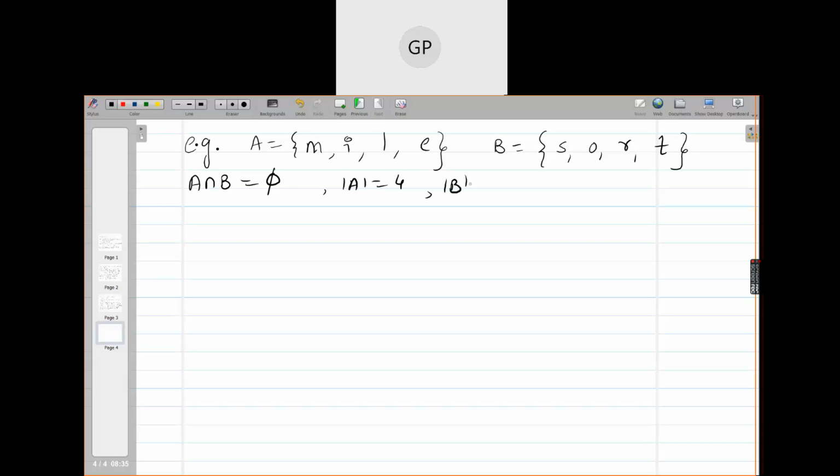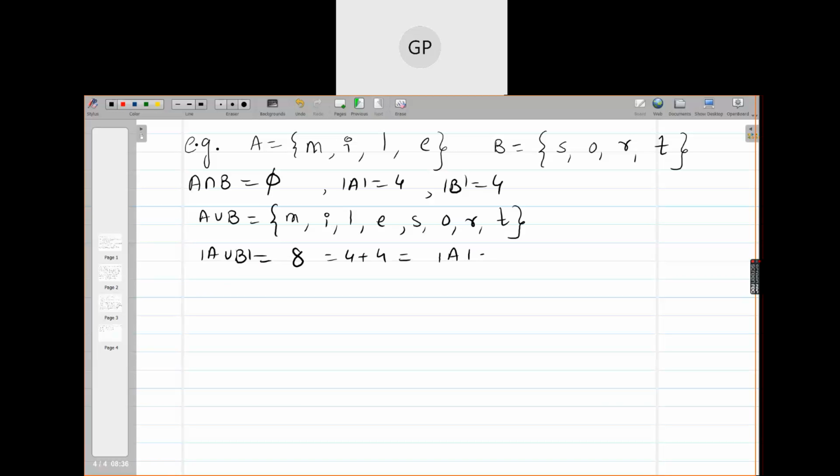Cardinality of B is also 4 here. What is the set A union B then? MILESORT. So you can see that cardinality of A union B becomes 8: first, second, third, fourth, fifth, sixth, seventh, eighth element we have. So that is nothing but 4 plus 4, equal to cardinality of A plus cardinality of B. So when we consider an example, the idea is clear here.